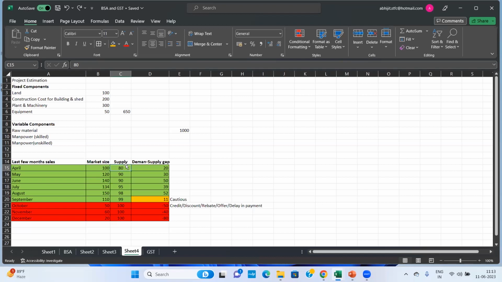Now, April to December data I got for last financial year. Say I am assuming standing in 2023. I am looking at data of 2022. I am considering the units and the market size which used to be in 2022. Correct or not?